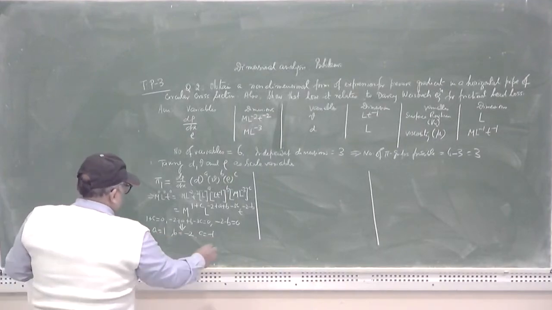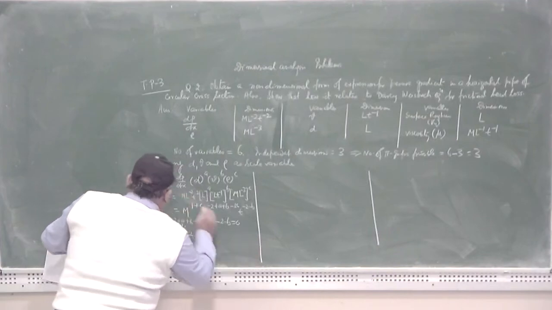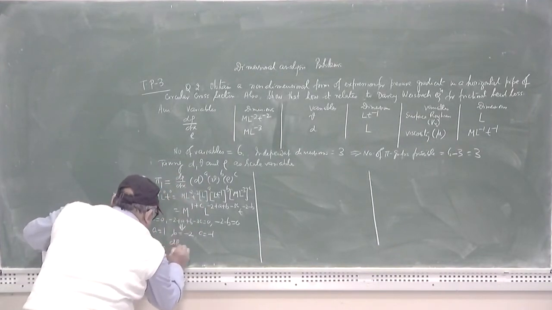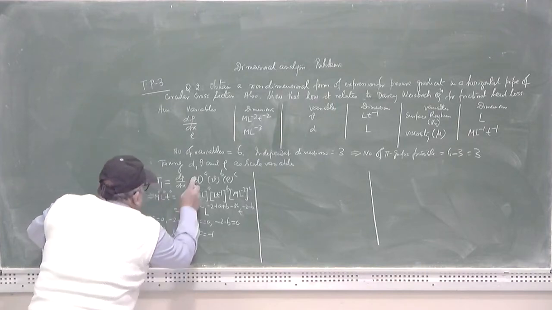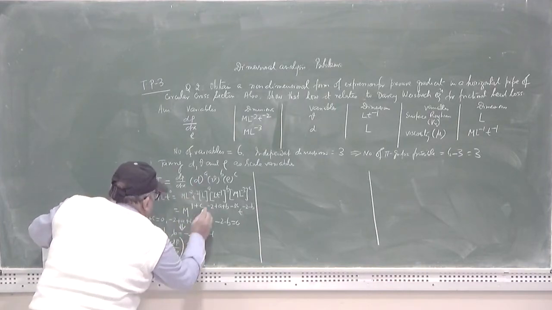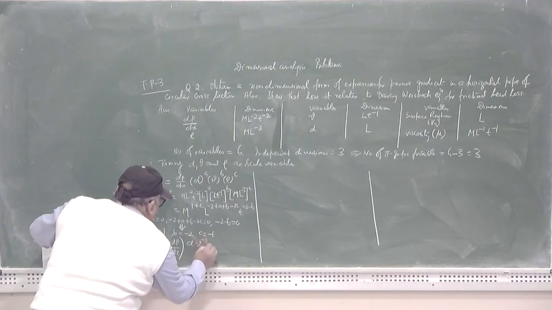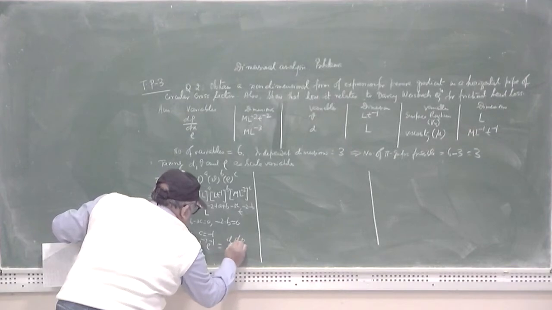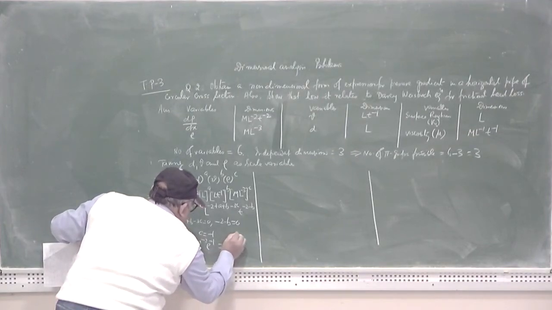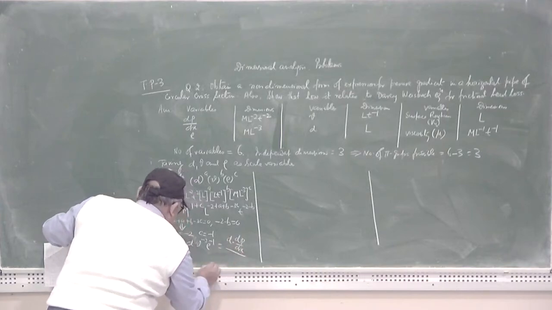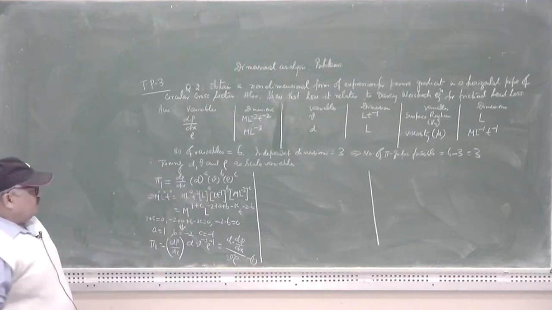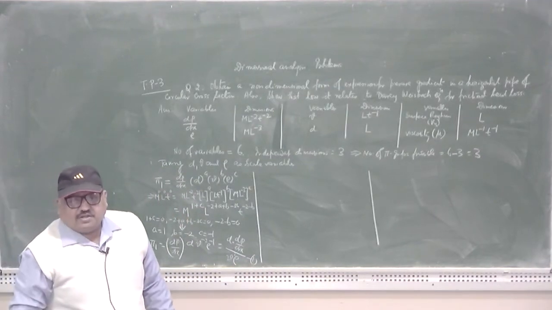So, the first pi group which may be generated is pi 1 is equal to dp upon dx, d raised to the power a, v raised to the power minus 2, rho raised to the power minus 1, that is equal to d into dp by dx divided by v square rho. This is the first dimensionless group which is possible for the present problem.